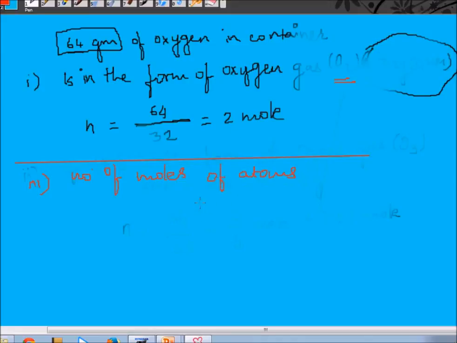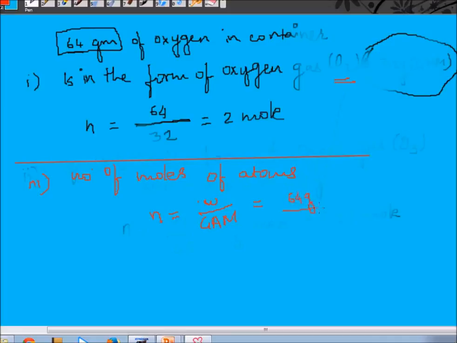So, gram atomic mass. We know that the number of moles of atoms is given mass, let's represent it by W, divided by gram atomic mass. Given mass is 64 gram, it is the same.